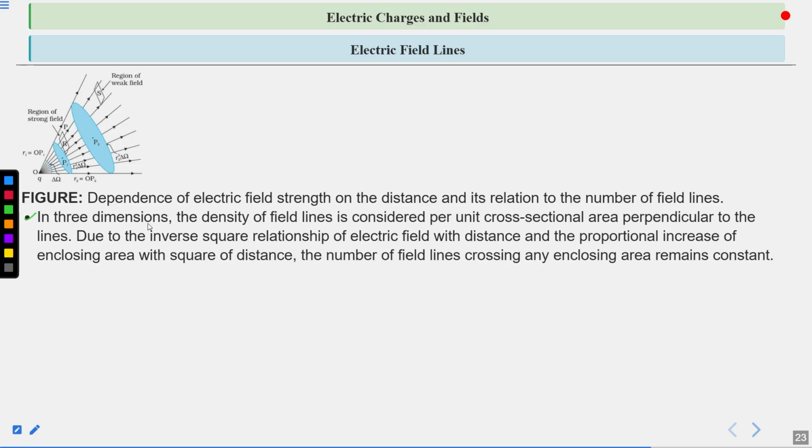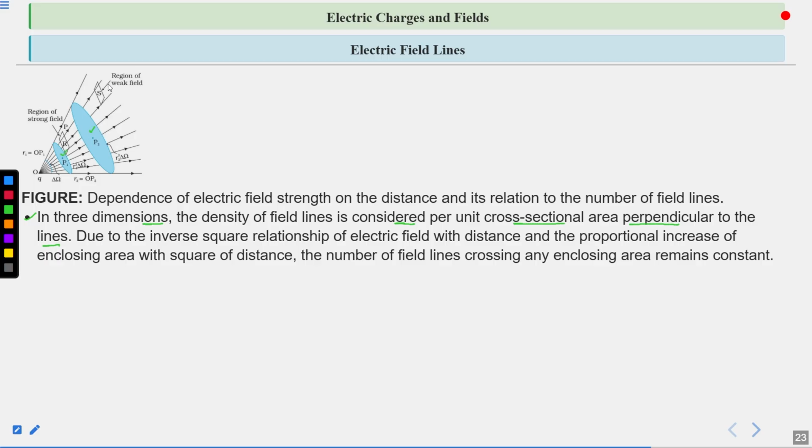In 3 dimensions, the density of field lines is considered per unit cross sectional area perpendicular to those lines. So look at here, we talk about 3 dimensional. So there is a region P1, first is P1, and second is P2.